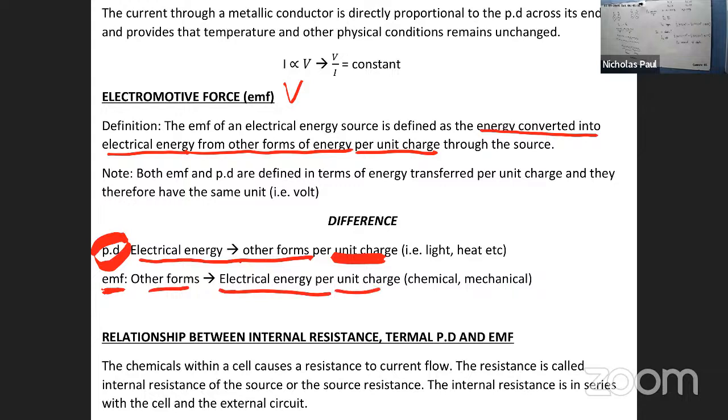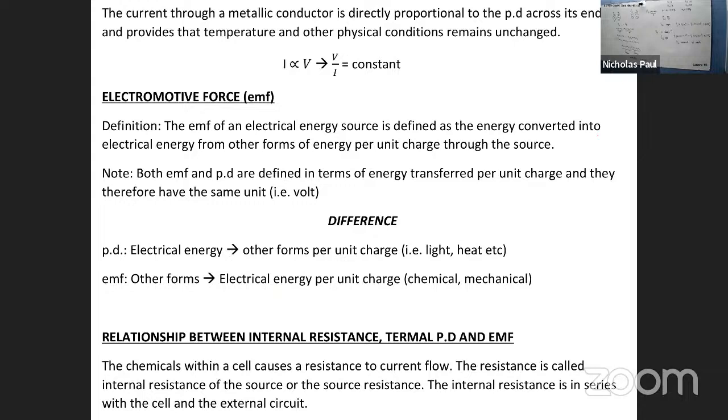So that's something I want you to understand, the differentiation between them. Potential difference is electrical to other forms per unit charge. EMF is other forms to electrical per unit charge. We have to understand when we gain EMF and when we gain PD.